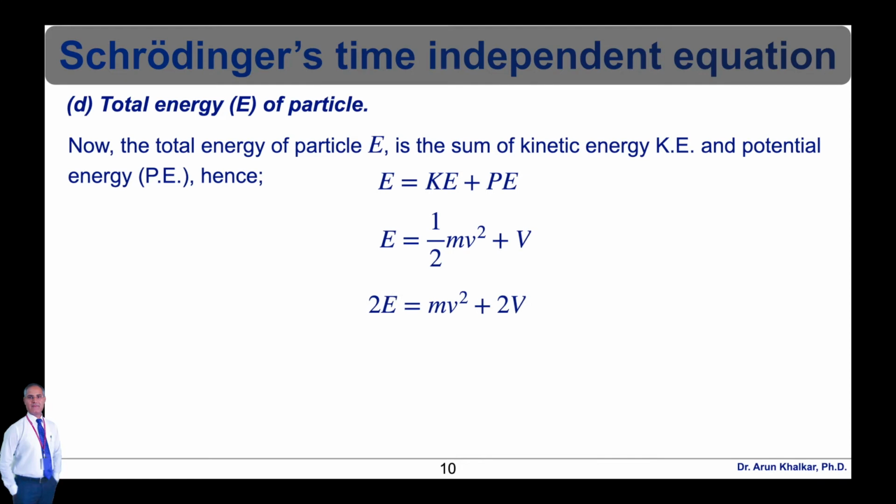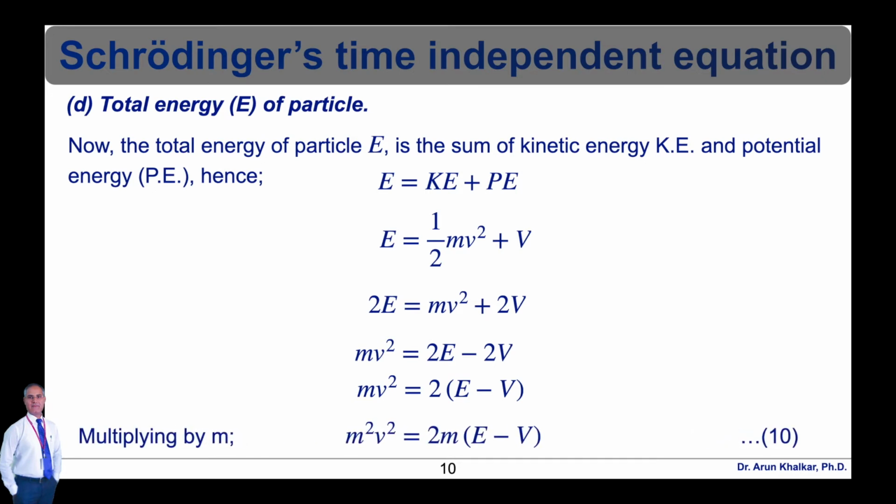So therefore mv² = 2E − 2V, so mv² = 2(E − V). Multiplying this by small m, we can write m²v² = 2m(E − V). Let's say this is equation number 10.